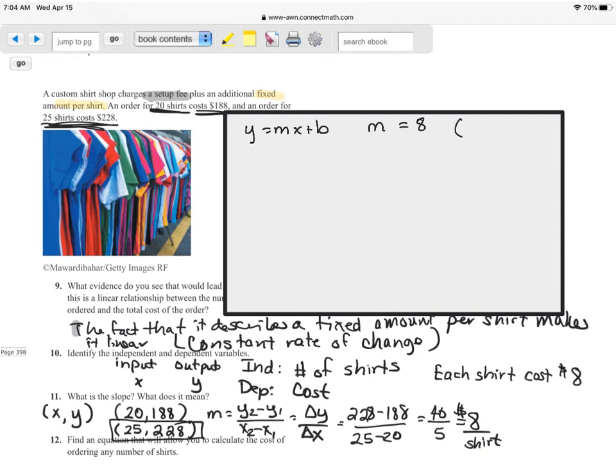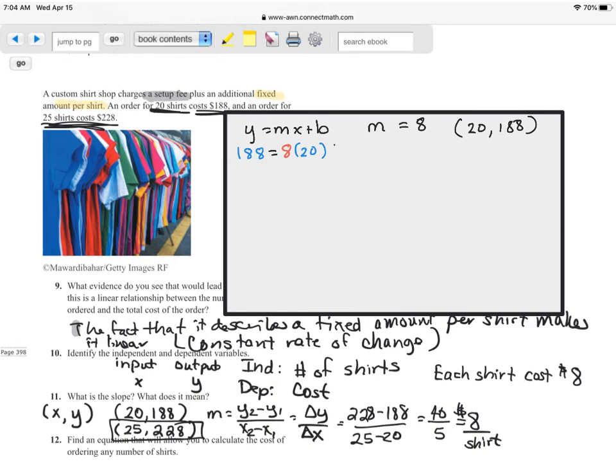I'll just use the 20, 188. So in this, we would substitute our 188 in for y, equals, and then our 8 in for our slope, and then our 20 in for x.